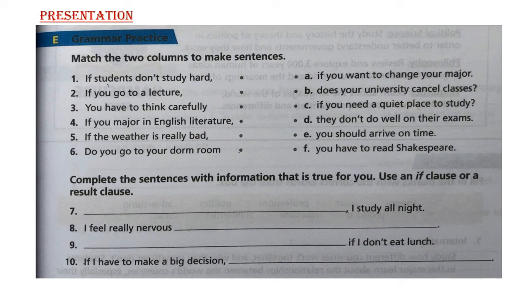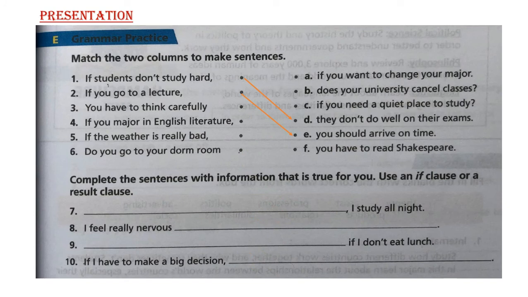Okay, so check together. If students don't study hard, we are matching to letter D: they don't do well on the exams. Number 2, what happens if you go to a lecture?